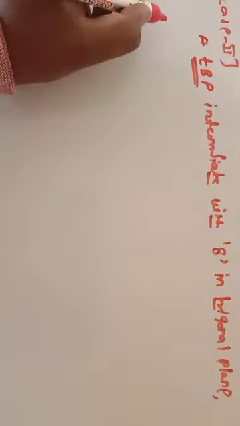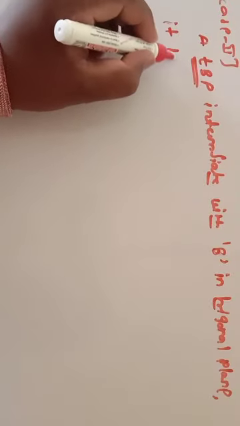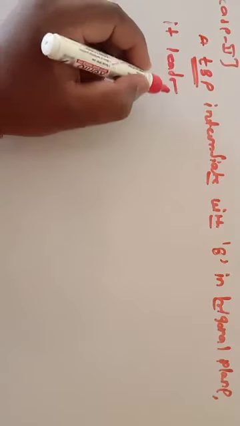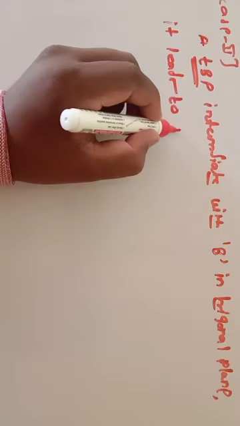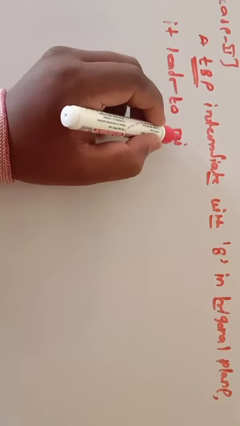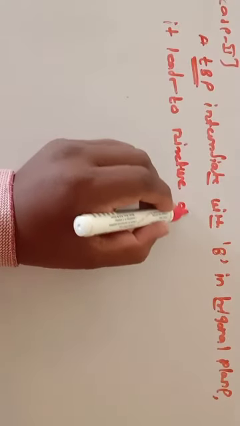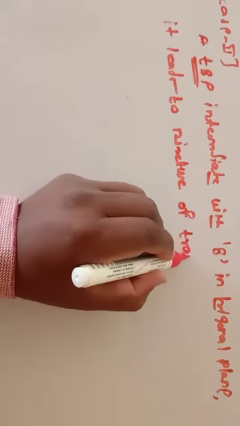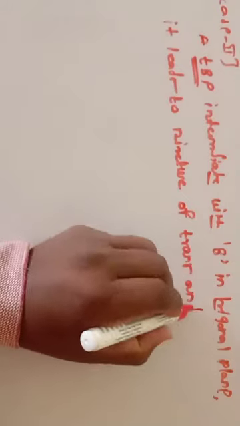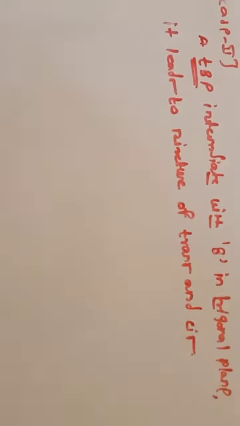It leads to a mixture of trans and cis. So whenever there is a trigonal bipyramidal intermediate with the B ligand in the trigonal plane, it leads to a mixture of cis and trans isomers.